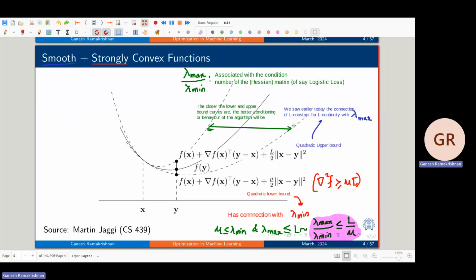So this lambda max by lambda min are typically upper bounded by L by mu. Well, L is here and mu is here. These lambda max and lambda min are for the Hessian.